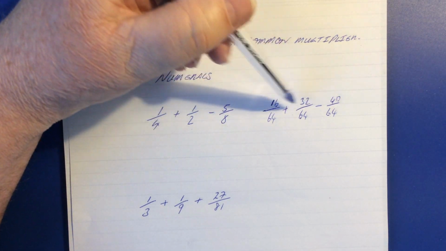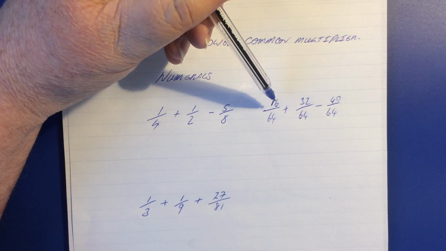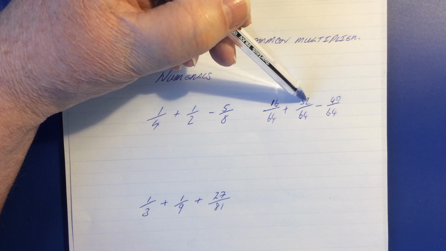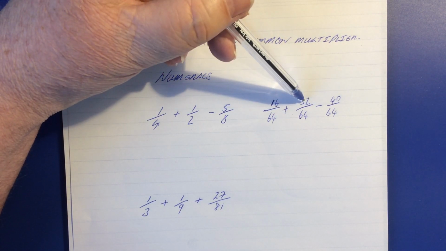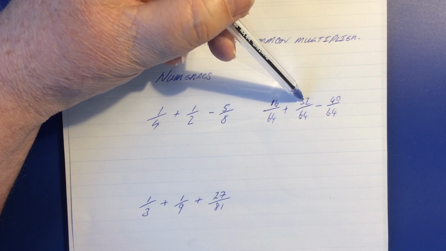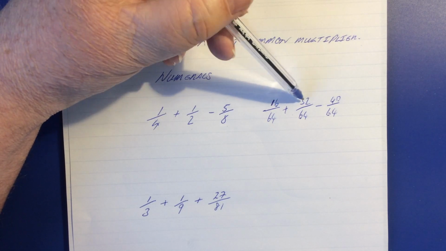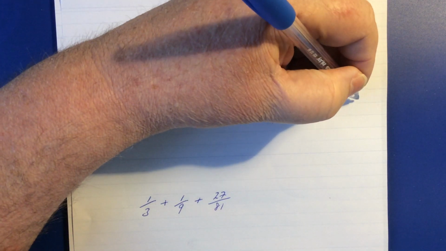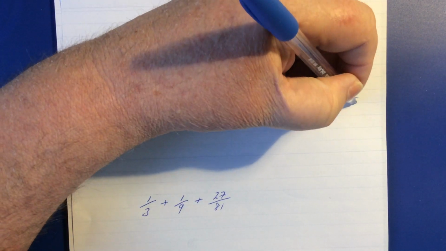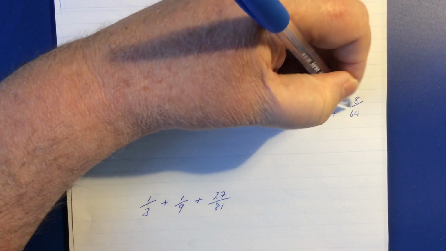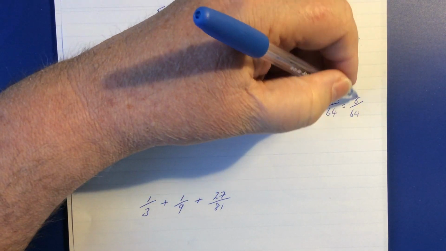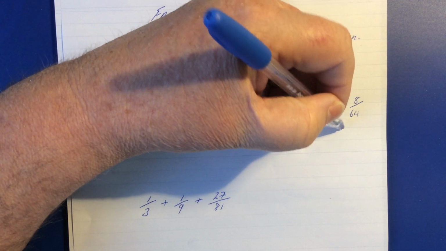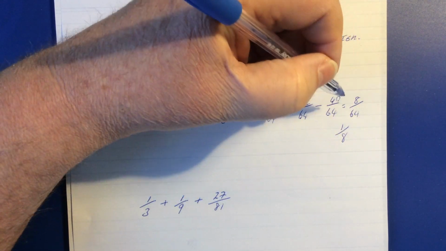Now you can do this. It's not a big deal. What do we get? Well, we get 16 and 32, which is 48, minus 40, which gives us 8 over 64. Now, that will break down to 8 goes into 8 once and into 64 8 times.